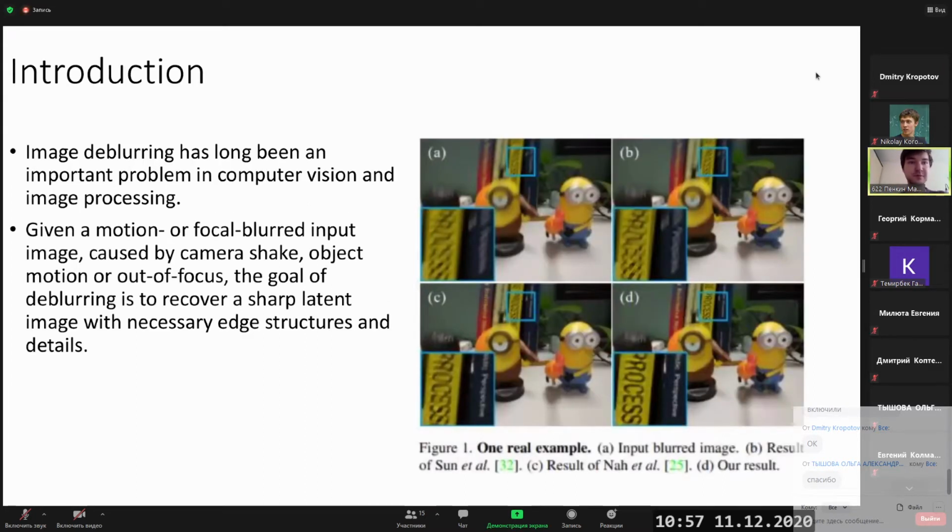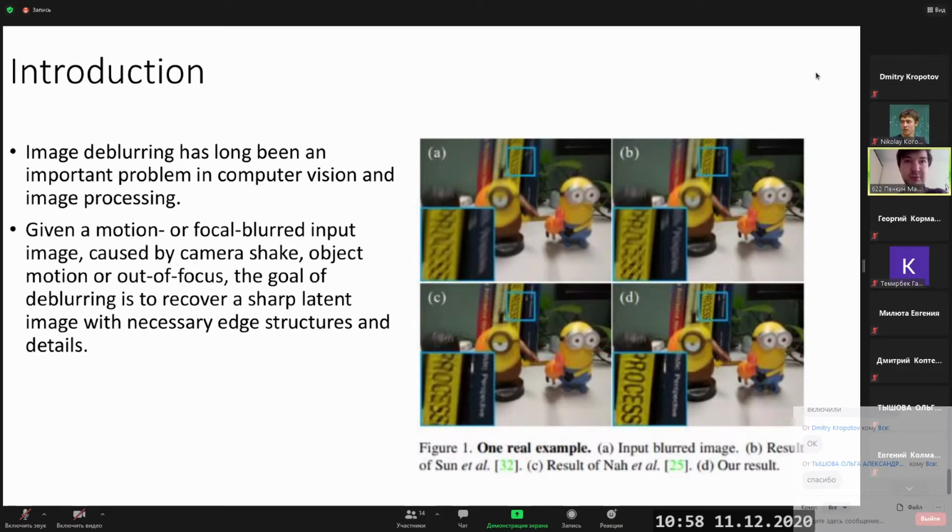So, I will give a small introduction to the topic as the first slide. Image deblurring is an important problem in computer vision and image processing. And the task is you have the blurred image as an input, and the goal is to recover the sharp image with the details and structures and so on.